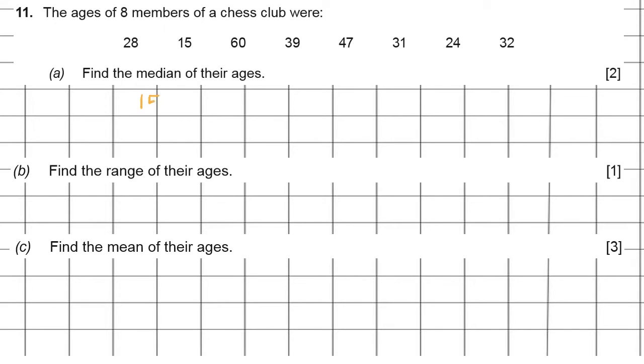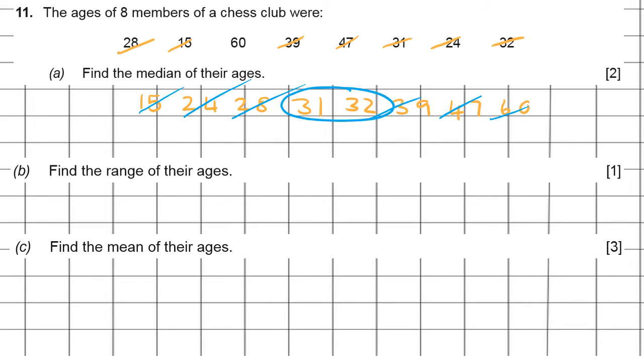So 15 is the lowest, then 24, then 28, then 31, then 32, then 39, then 47, then 60. So just work towards the middle. So these are 2 middle numbers, and what's in the middle of these? 31.5.